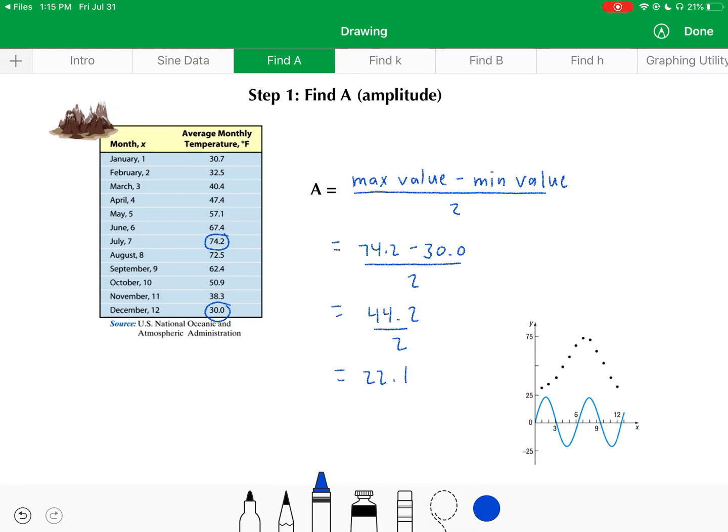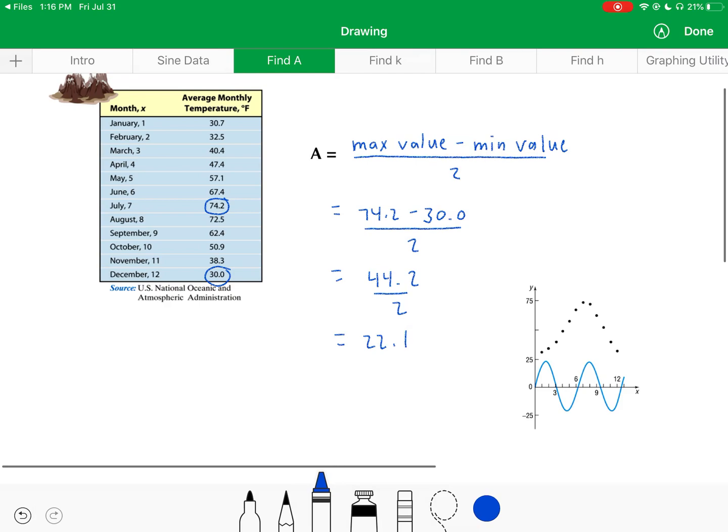So if I take my parent function for sine and bring that into play, it becomes y equals 22.1 times the sine of x. I have that curve graphed in blue over on the bottom right side of your screen, as well as the data set that we're trying to model. Notice the blue curve is nowhere near representing the data points just yet.